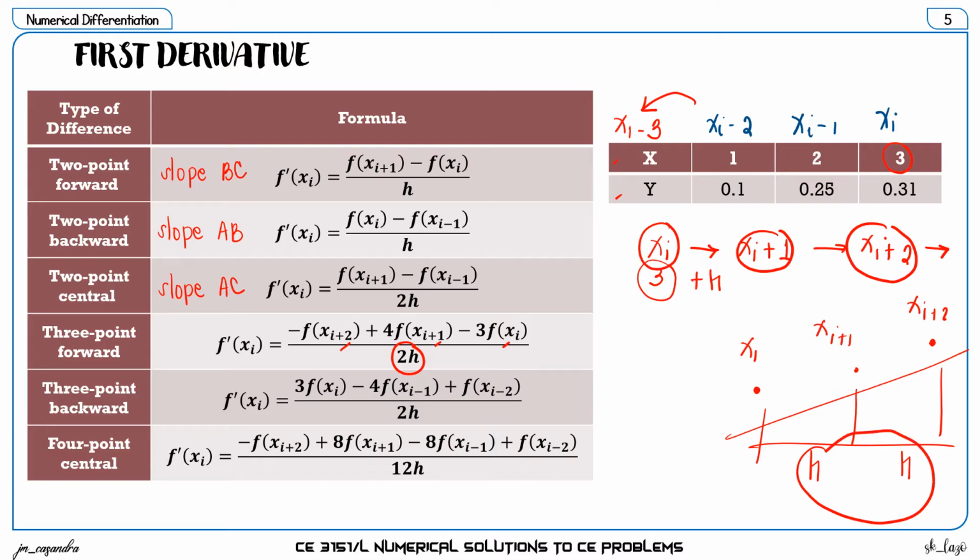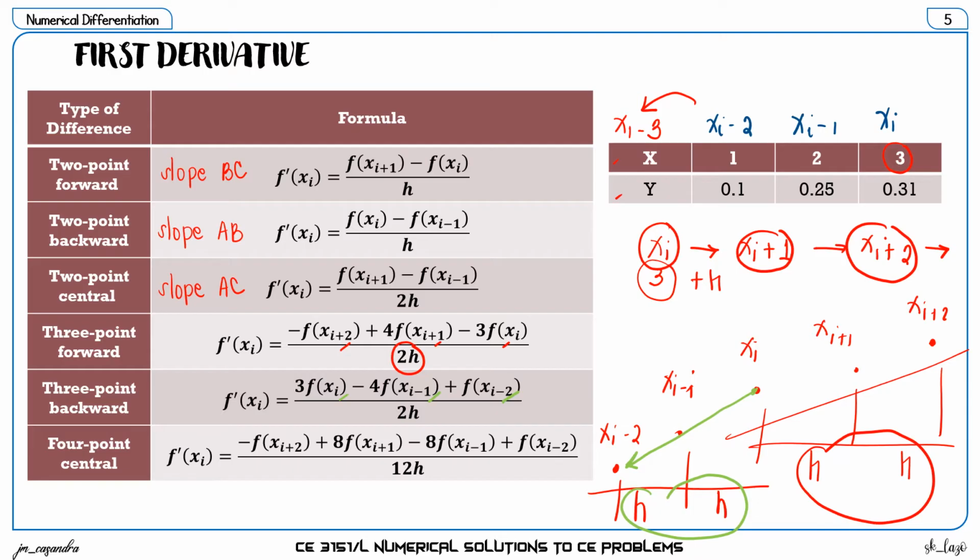Okay? Same goes for 3-point backward: xi, xi minus 1, xi minus 2. So this is also h, and from this point xi going back to xi minus 2 it is 2h, divided by 2.